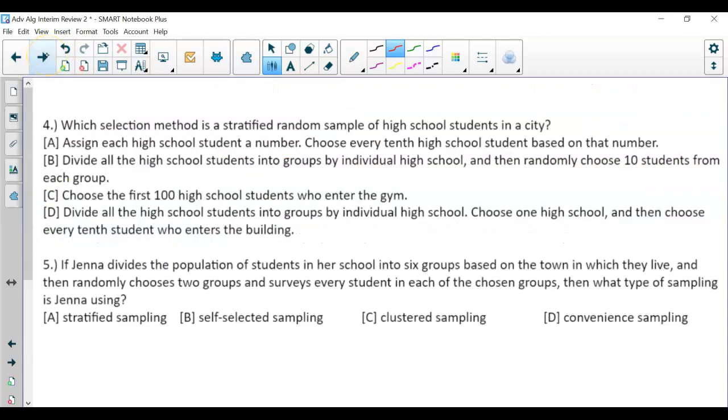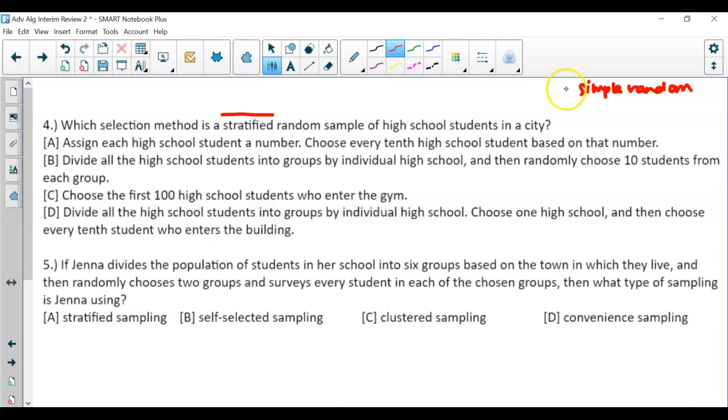Then question 4, which of these is stratified? Keep in mind that we had multiple sampling methods that were fairly accurate. The most accurate is the simple random, where everybody has an equal chance. You're taking from the entire 3,000 student high school roster and you're going to select 400 random names.